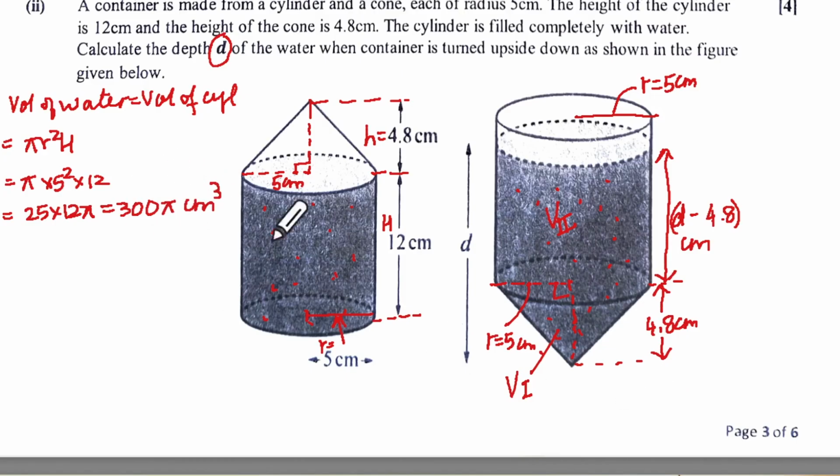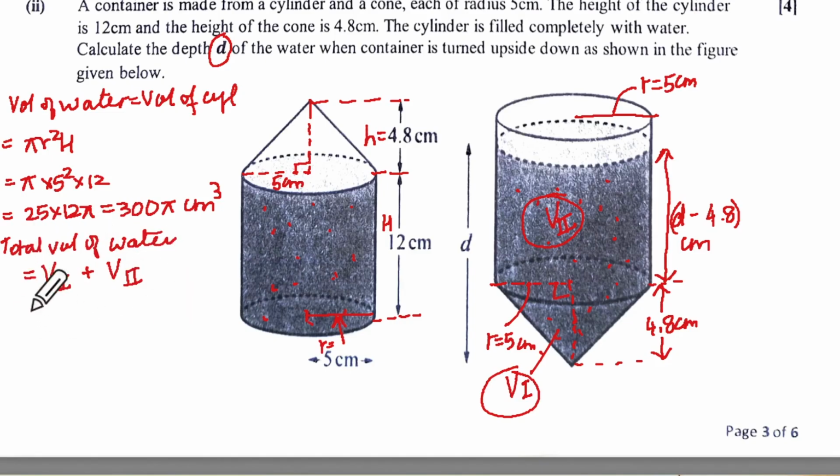So this 300 pi is equal to V1 plus V2. Agreed? Yes, ma'am. Okay. So I am going to say that total volume of water is equal to, make sure that your diagram shows this V1 and this V2. Clearly show. And then it will be volume 1 plus volume 2.